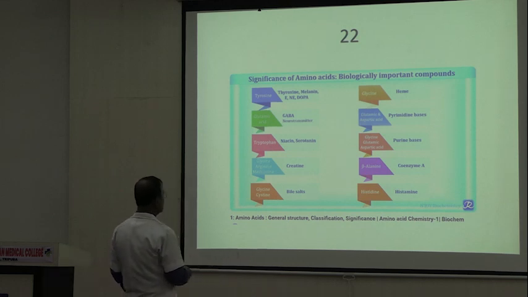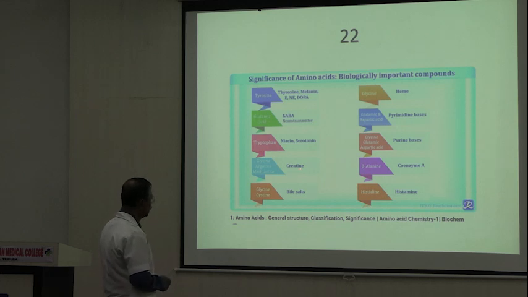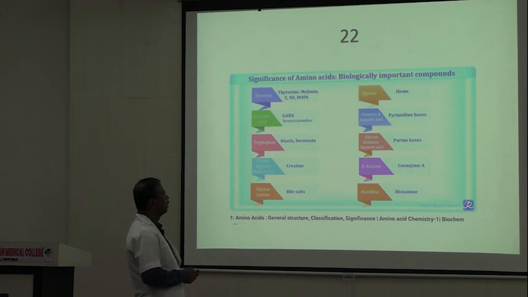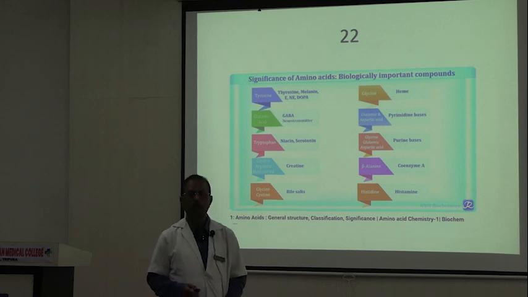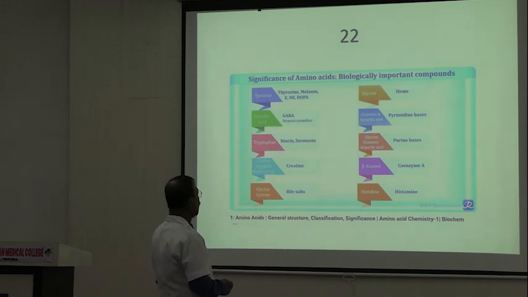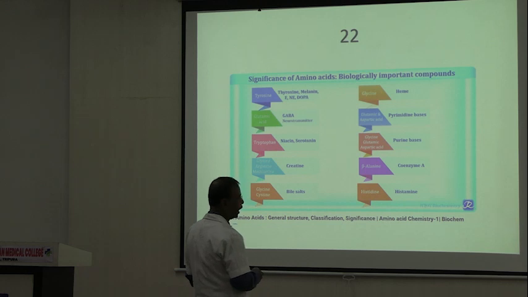Then from glycine and arginine, creatine is produced, responsible for muscle bulk. From glycine and cysteine, bile salt is produced, responsible for lipid soluble vitamin absorption. Glycine, heme.